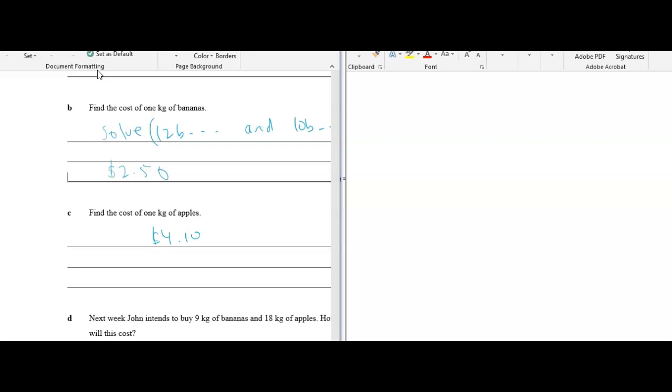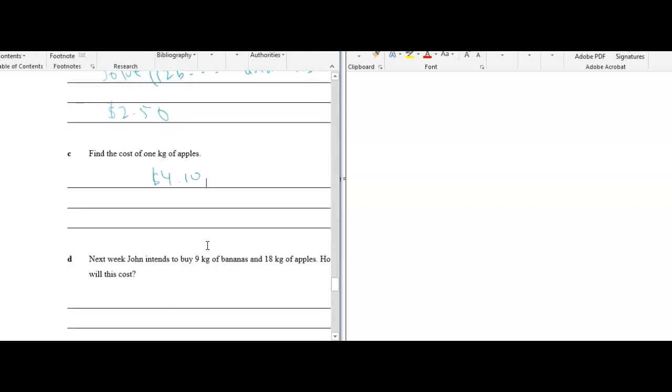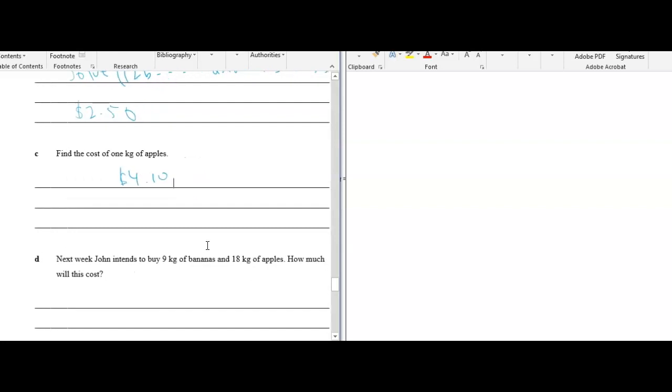Okay, next week John intends to buy 9 kilos of bananas and 18 kilos of apples. So how much is it going to cost? So 9 times $2.50 plus 18 times $4.10.